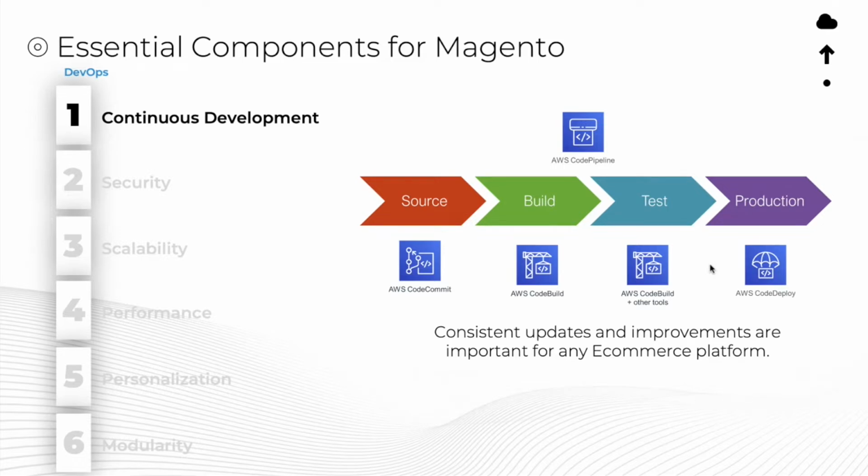First of all, for continuous development, we have continuous integration and continuous deployment by AWS CodePipeline, where, using the AWS CI/CD components CodeCommit, CodeBuild, and CodeDeploy, we can build a pipeline for continuous development and continuous integration for Magento.